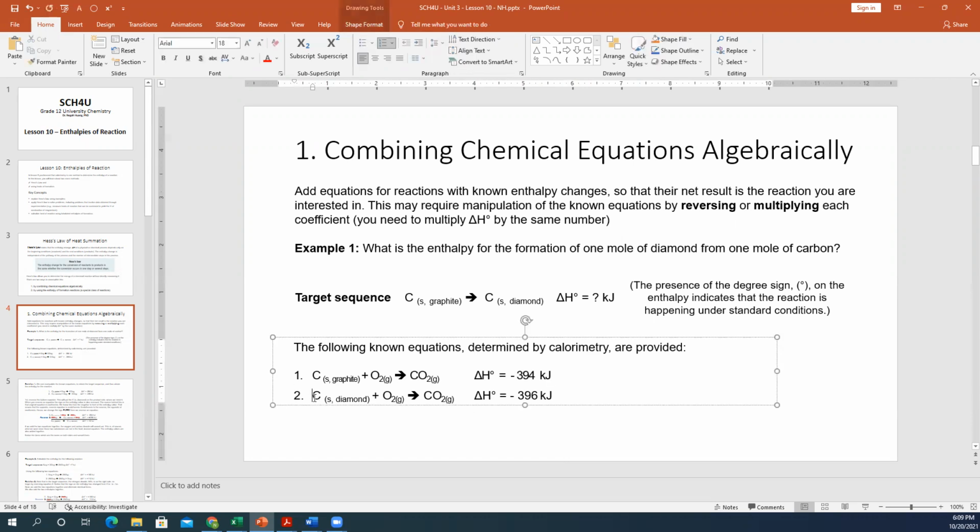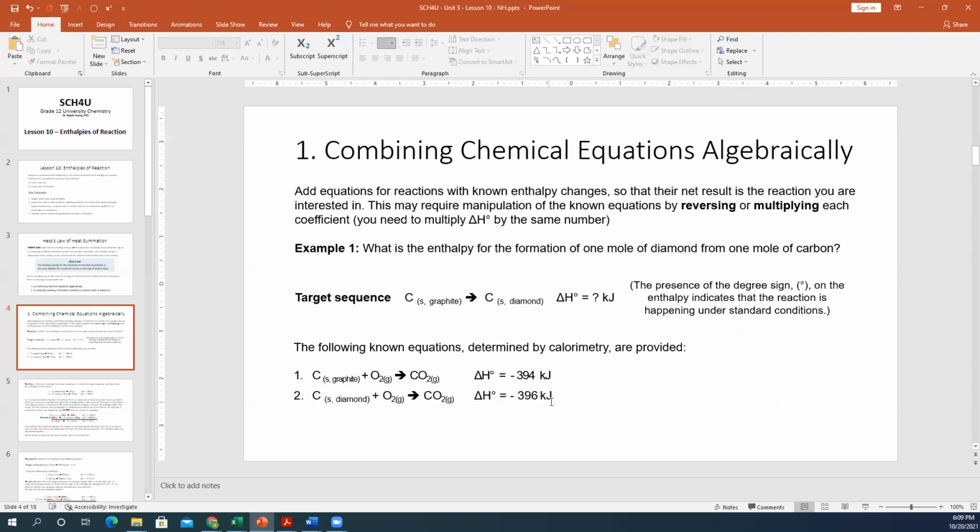Then you also might have this one, and this one has a delta H naught of minus 396 kilojoules. So how can we use these equations to arrive at this equation?